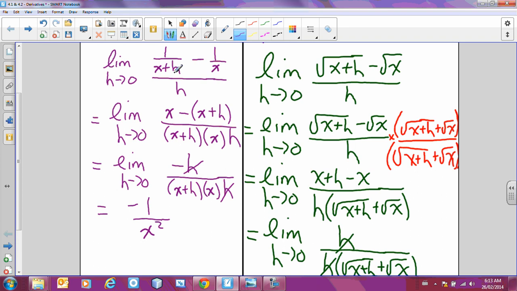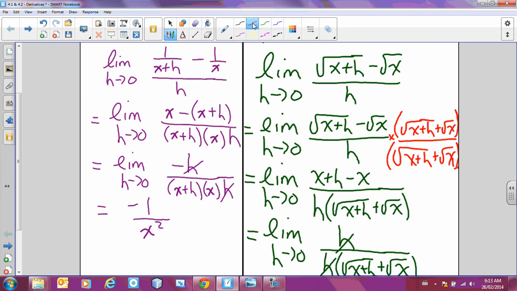I've multiplied numerator and denominator by x, excuse me, and numerator and denominator by x plus h, and then simplified a little bit. So if you don't see what I did here, just write this line down and work it out. It might take you a couple lines in some cases, but this is the correct answer.